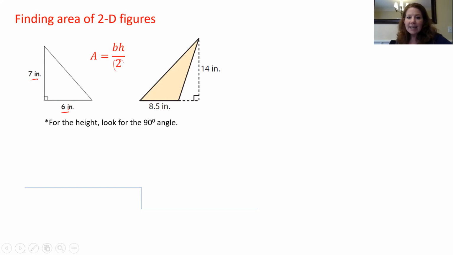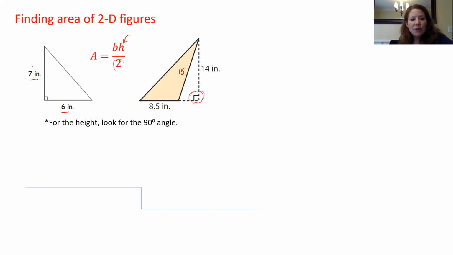Well, a height of a triangle can only be found by creating a right angle, because diagonal lines are always going to be a little bit longer than perpendicular, straight vertical lines. So in order to find the height, you always have to look for a right angle.